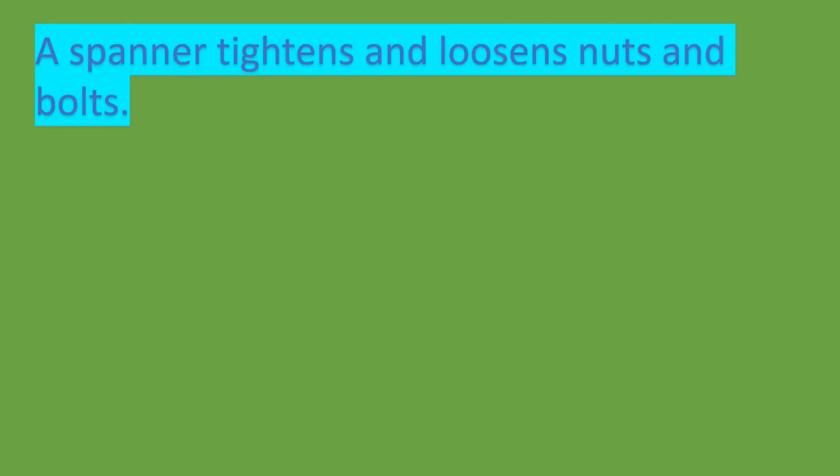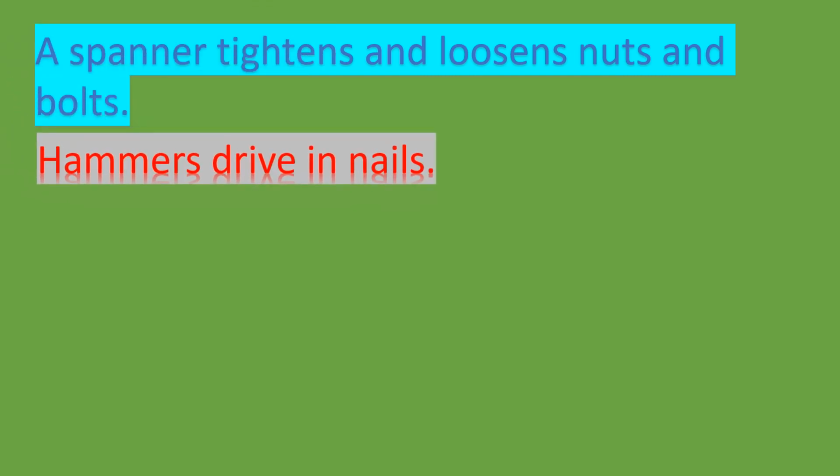Welcome back. I have made some sentences, 5 sentences as examples for you. Let's see the examples. The first one, a spanner tightens and loosens nuts and bolts. Okay, notice that we use tightens and loosens, we added S. The second example is hammers drive in nails.